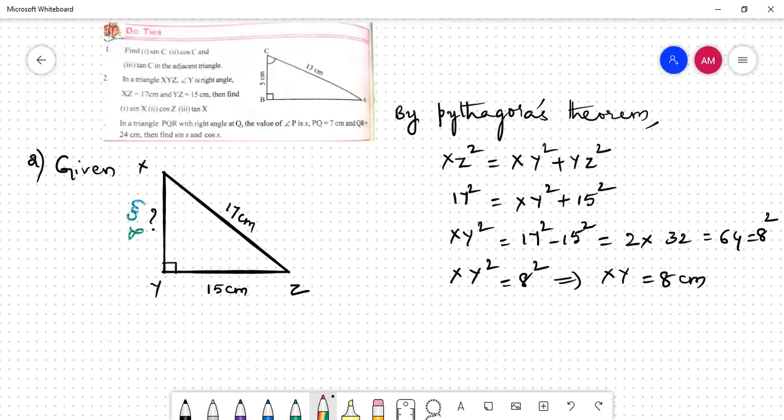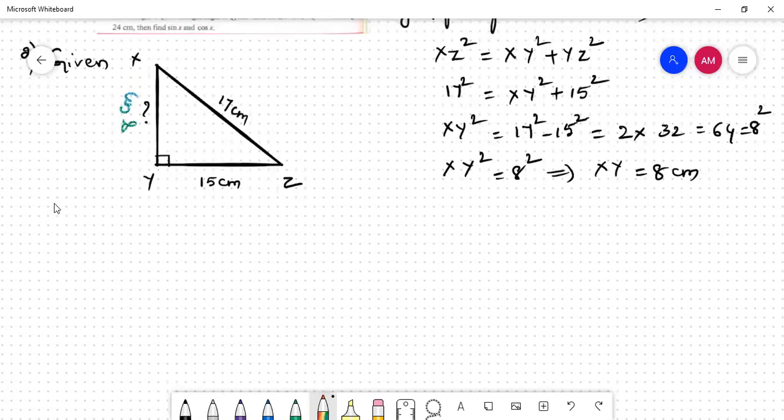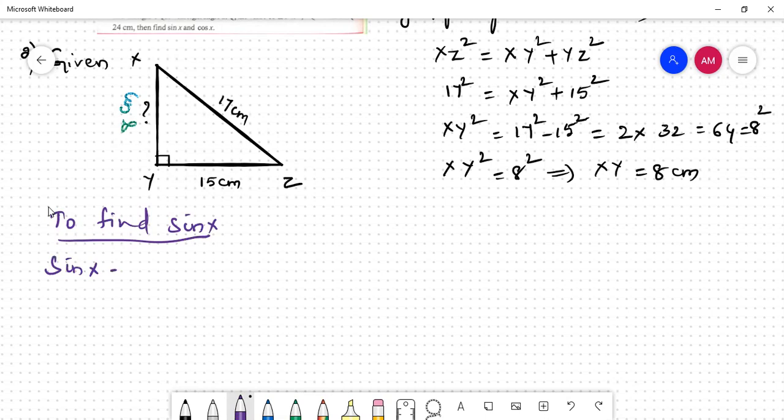Okay, now we have all the sides. What we have to find is sin x, cos z, and tan x. To find sin x, what is the formula for sin x?